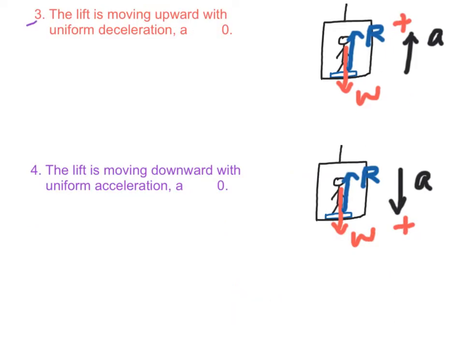For case 3, the lift is moving upward with uniform deceleration. If we take upward as positive, we have a smaller than 0. That means a is negative.